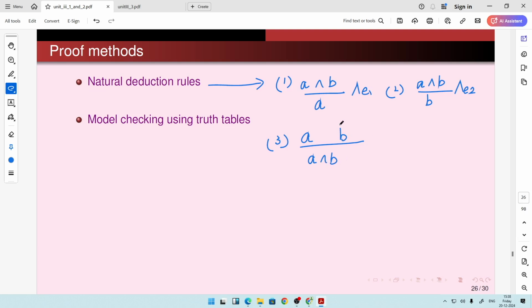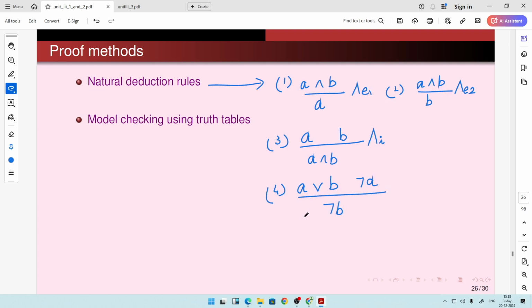We call it conjunction introduction. And we have either A or B, and not A, I will get therefore B.